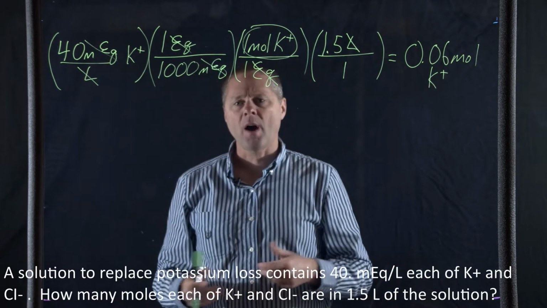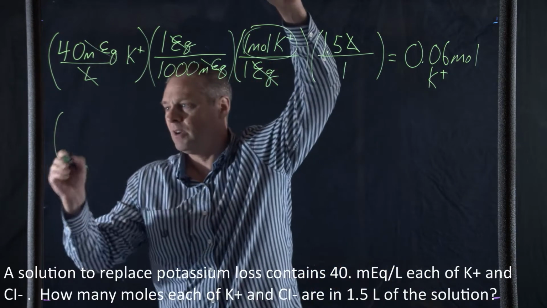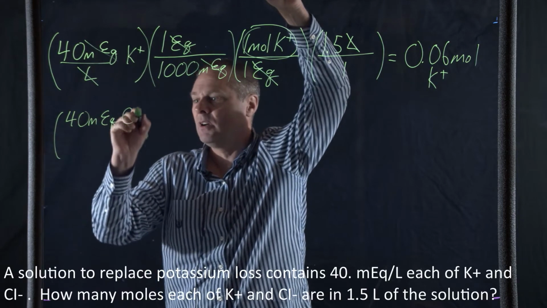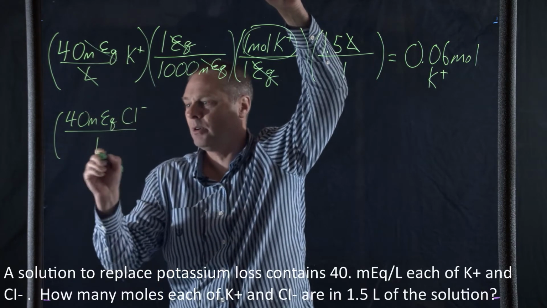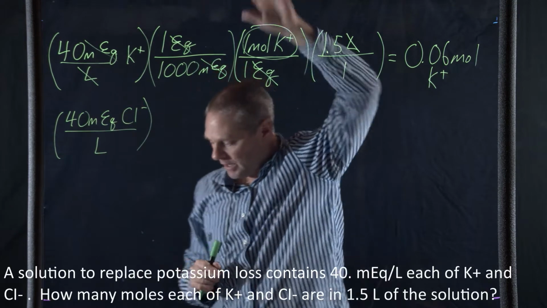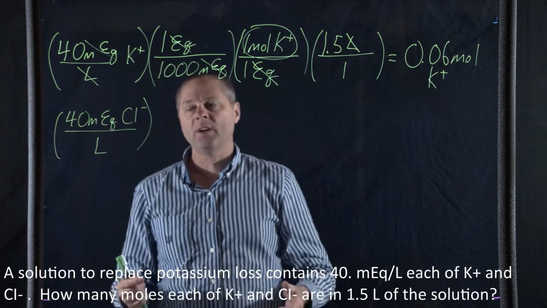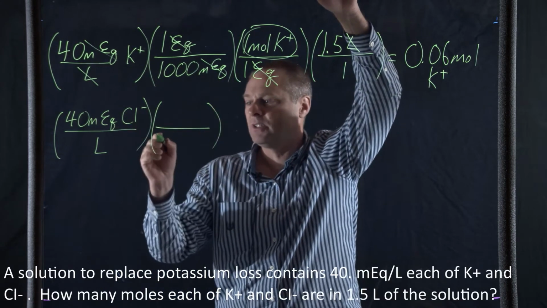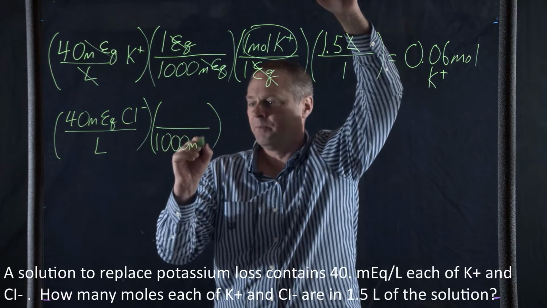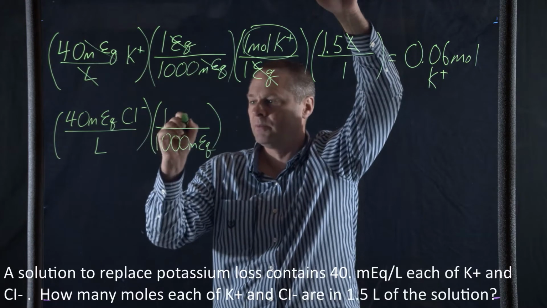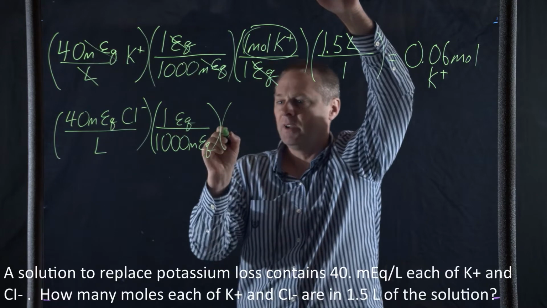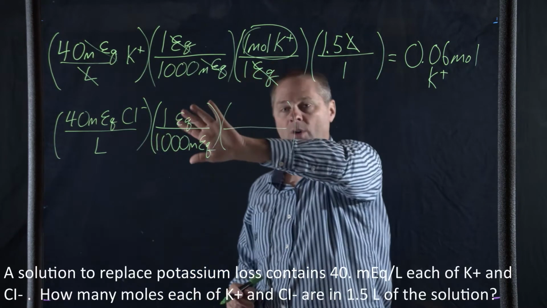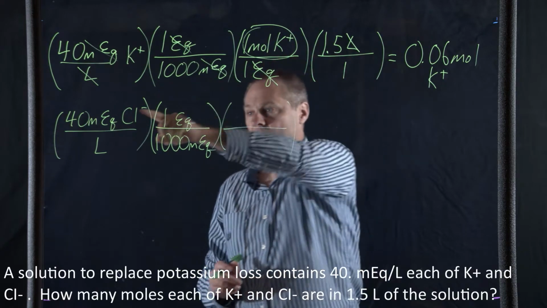All right. Now the second part of the problem states that we have 40 milliequivalents of chloride per liter. And we're going to go through and do the exact same calculation we did before. We're going to convert the milliequivalences to equivalents. Then we're going to convert the equivalent into moles of chloride.